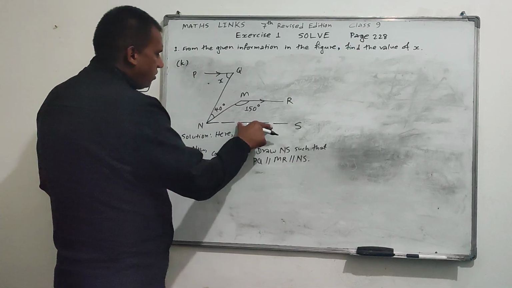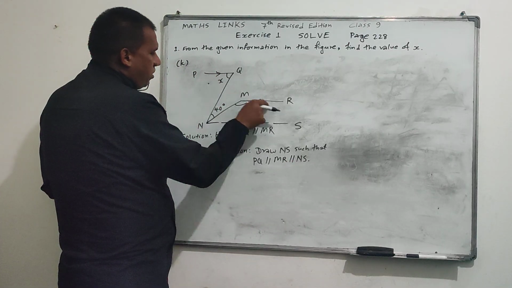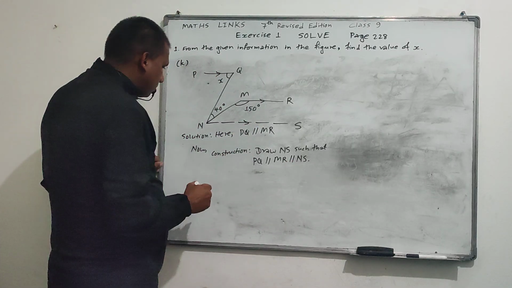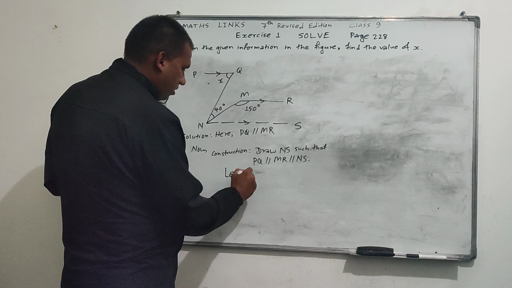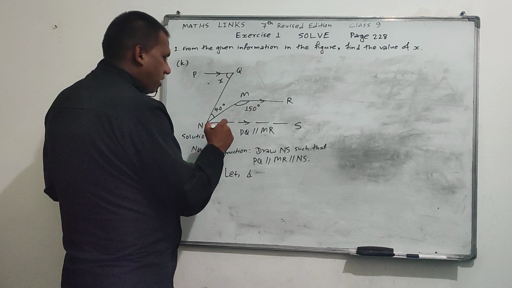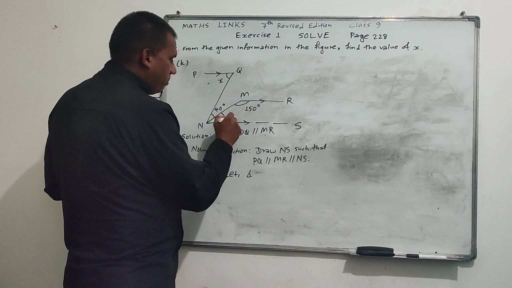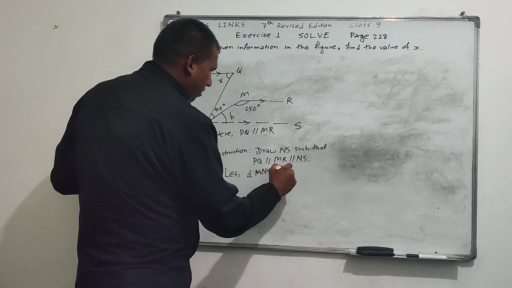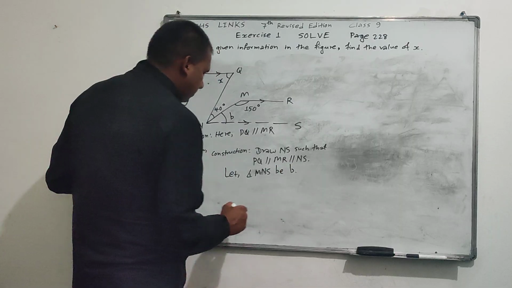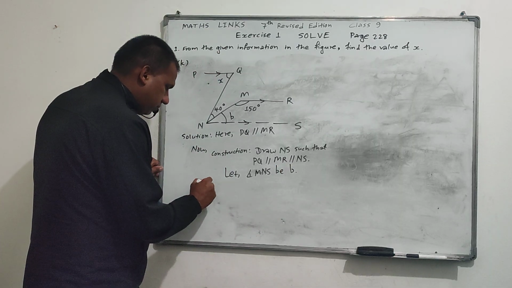Draw NS so that all three lines are parallel to each other. Let angle MNS be B.